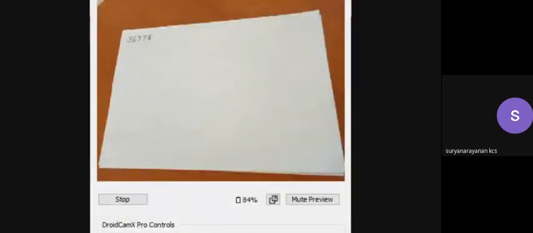Okay, now the A4 sheet. Sir, now it is visible.